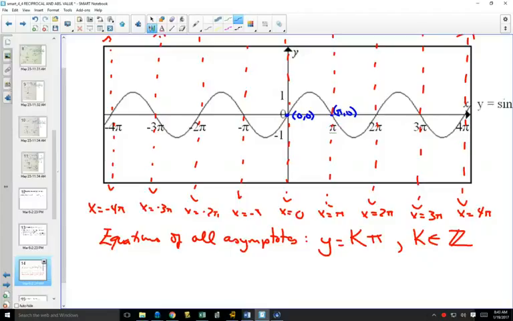So now we start picking some points. Can someone tell me one point on this graph besides the zeros? For example, what point is this? Pi over 2 comma 1. What's going to happen to that point when we do the reciprocal, when we change the y value to 1 over y? It stays the same. Does that make sense for this point, and this point?